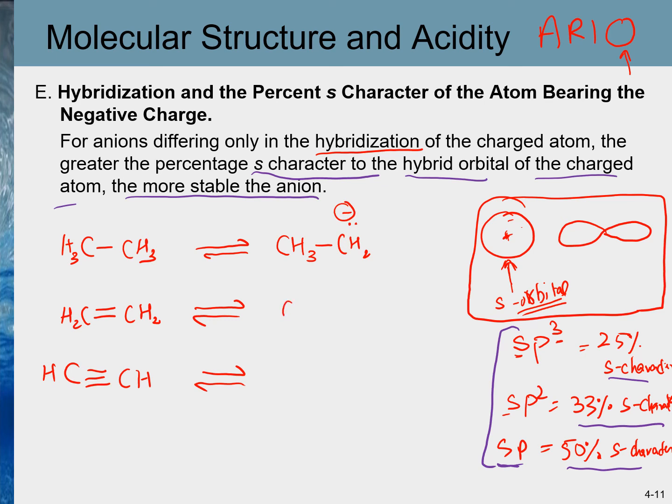In case of alkene, the conjugate base anion would be this one, and in alkyne the conjugate base anion would be this one. In all three cases, the negative charge is on a carbon atom.